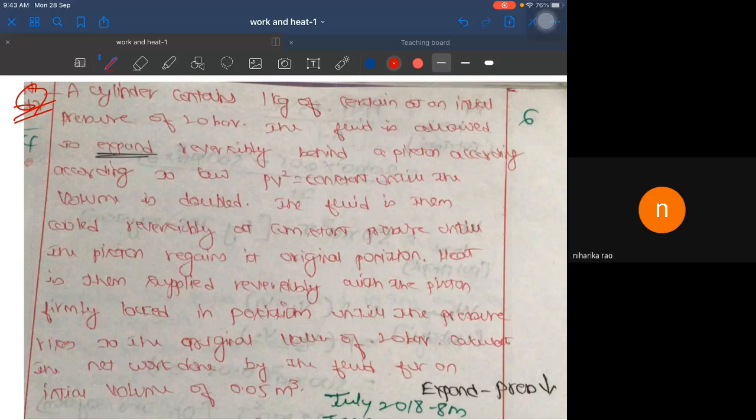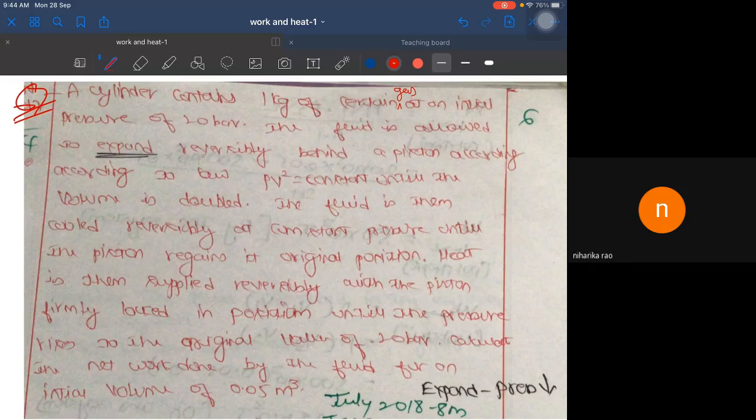Okay, so the problem here is: the cylinder contains 1 kg of a certain gas at an initial pressure of 20 bar. You can take it as a certain gas.